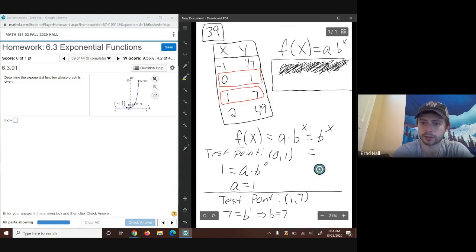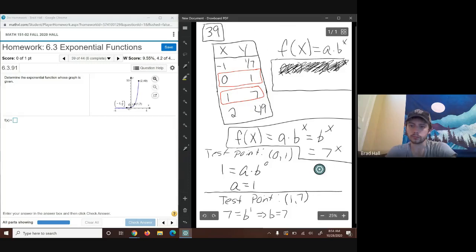So the function itself is 7 raised to the x. And that would be your final answer, just 7 raised to the x.